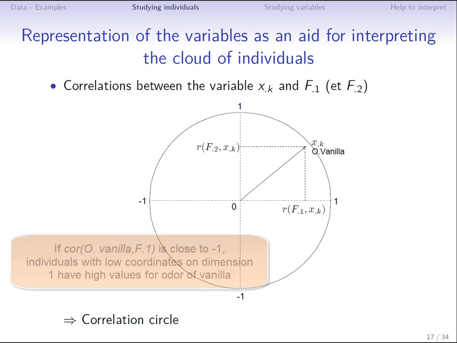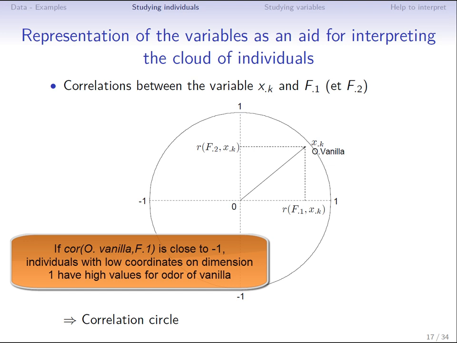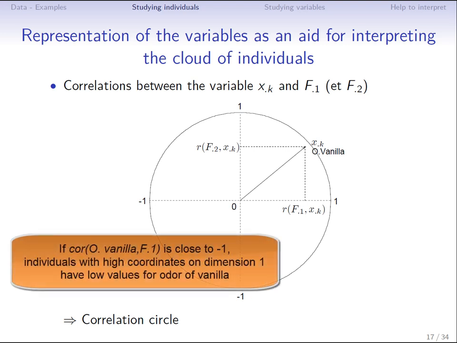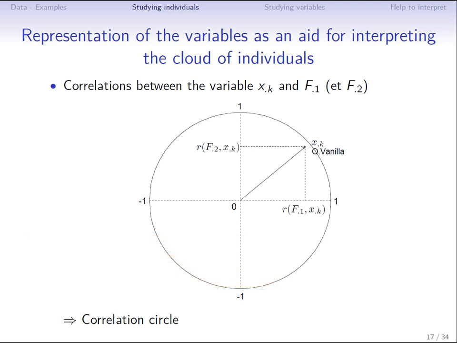If the correlation is negative, it means that individuals who have low values on axis 1 have high values for odor of vanilla. And individuals who take high values on axis 1 have low values for odor of vanilla. This is the same for dimension 2. So we will be able to build a graph with a representation of all the variables.